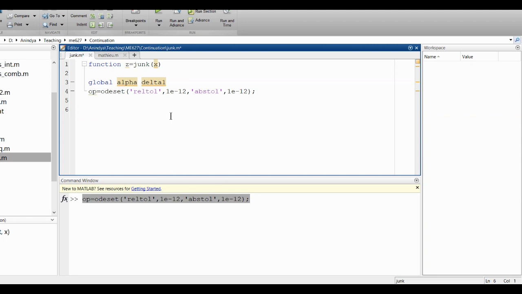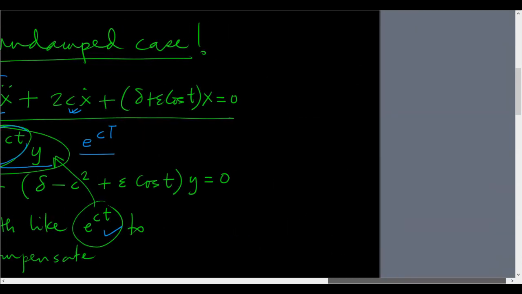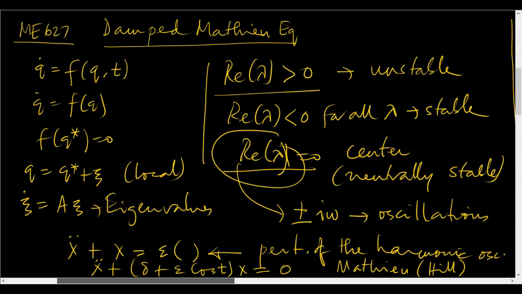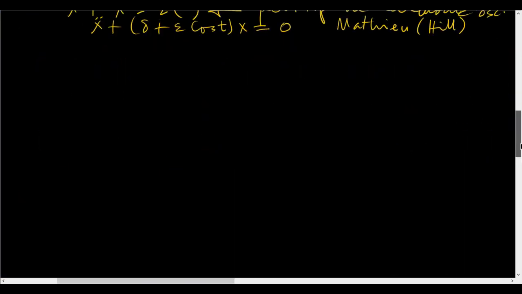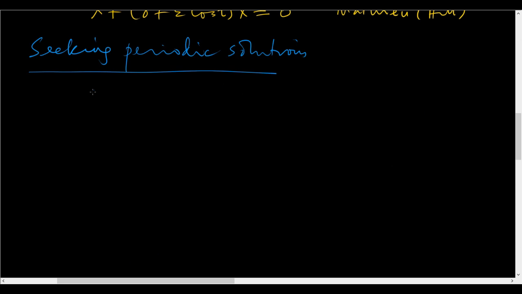Now what I will do is, what are the equations I'm solving for, right? So let's go back here and try to figure out our solution strategy. What we are doing now is seeking periodic solutions. So what is the period?